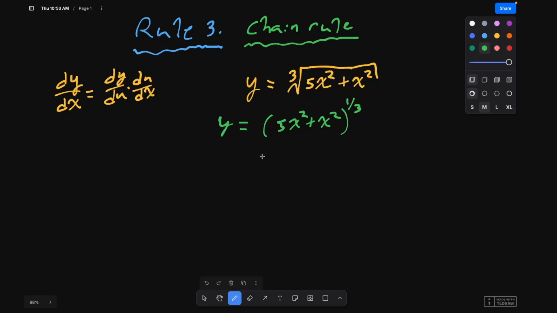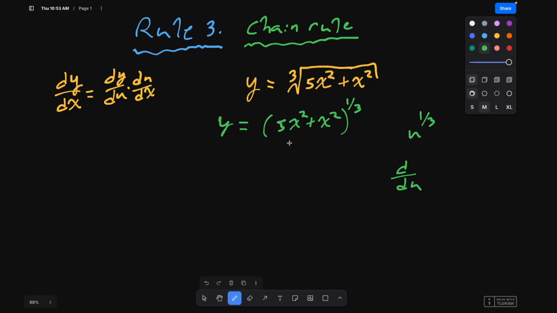Now we can see this is similar to our previous example, so we know that we're going to use the chain rule. And the chain rule tells us to take a derivative of our outside function, our u to the 1/3, and then take the derivative of our inside function, our du dx, or the derivative of the inside.